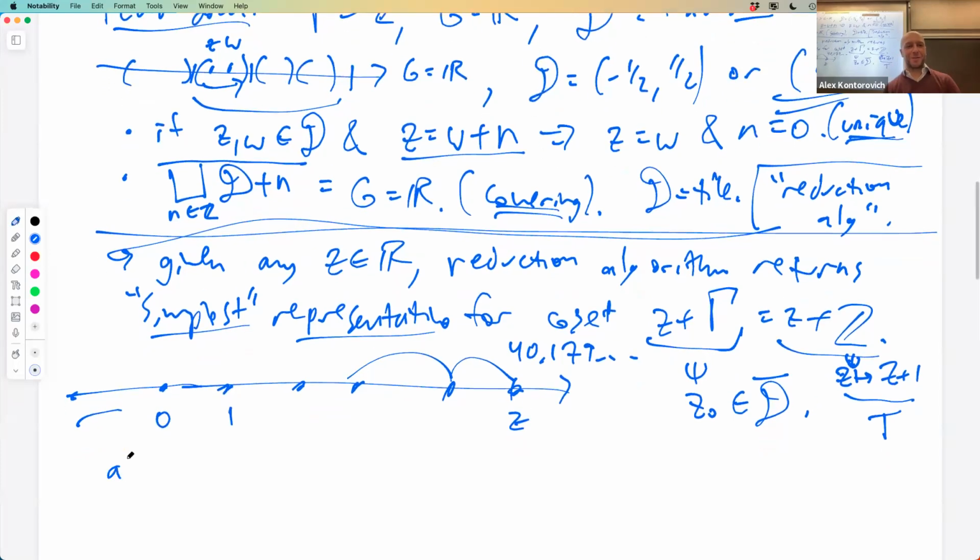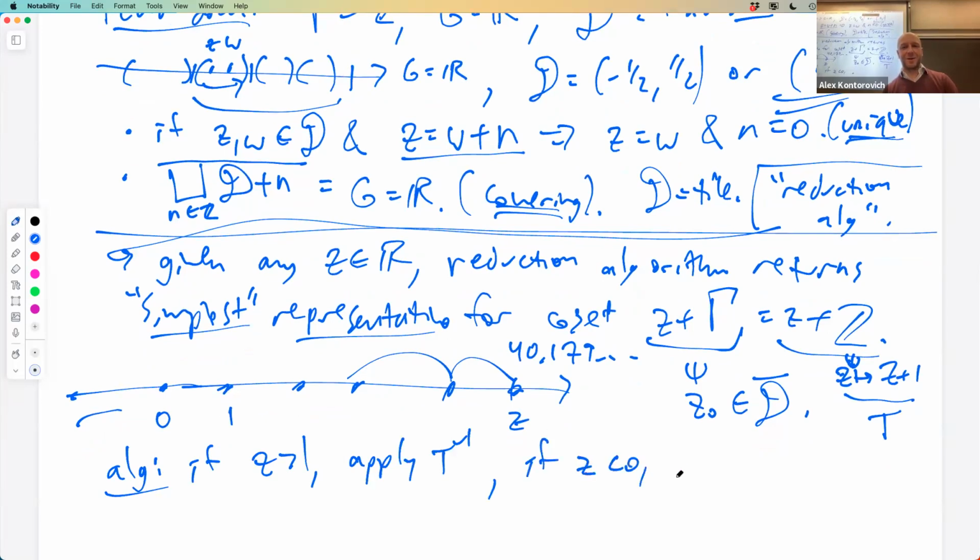So what's the algorithm? If z is greater than 1, apply T inverse. And if z is less than 0, then apply T. And repeat. Eventually, you'll wind up inside (0, 1).